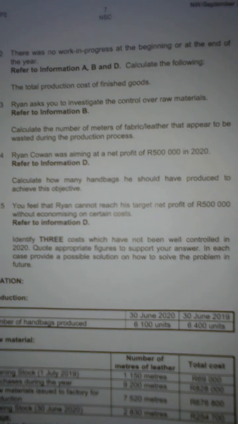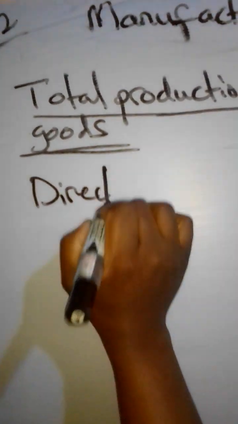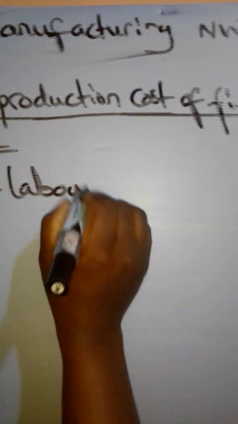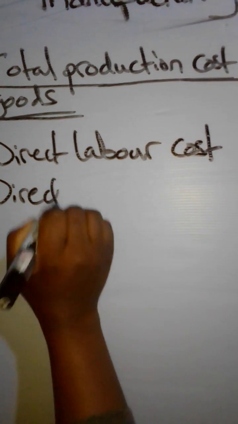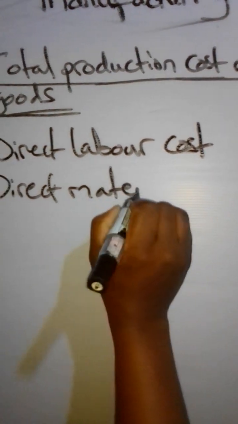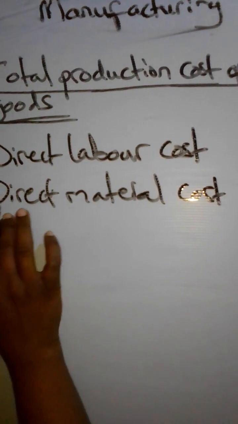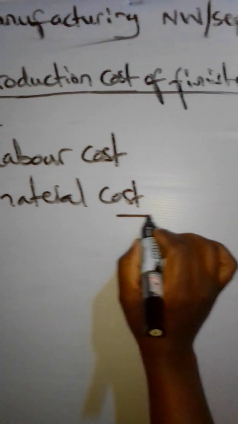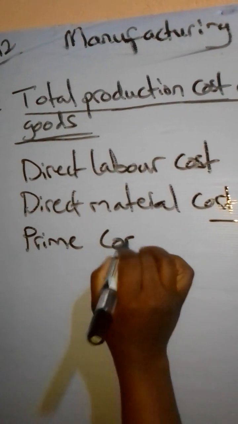Okay, let's go straight to our calculations. So the first item that I'm recording are the direct costs. We have got direct labor costs, followed by direct material costs. So direct labor cost plus direct material cost will give us the prime cost.